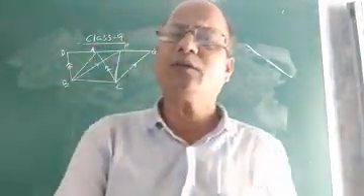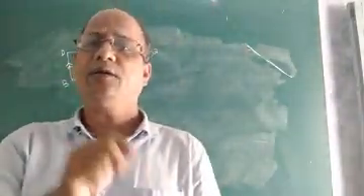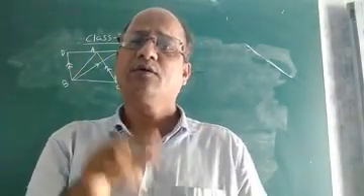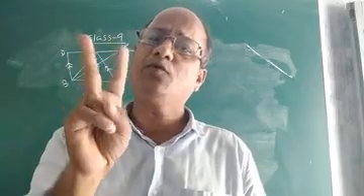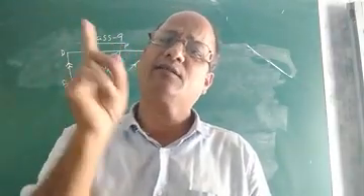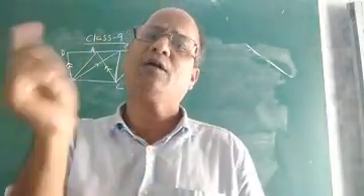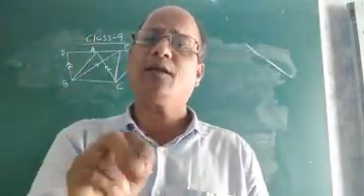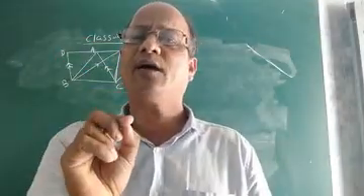Okay. Now children, what will be the converse of this statement or this theorem? We came to know that if two parallelograms stand on the same base, they will have equal area. Now what will be the converse? The converse will be, suppose you are given two parallelograms, and they have equal area.